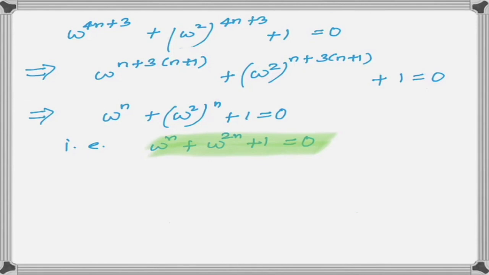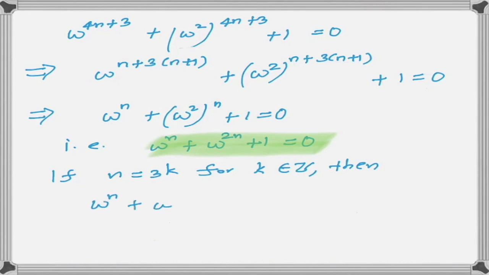Let us consider the case when n is a multiple of 3. So n is of the form 3k for some integer k. Then what will be omega to the power n plus omega to the power 2n plus 1?